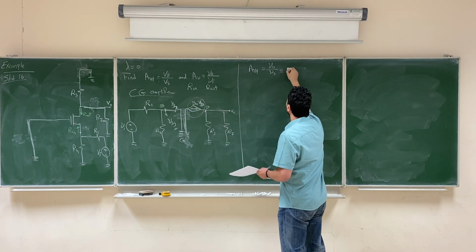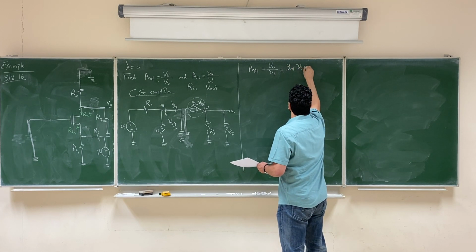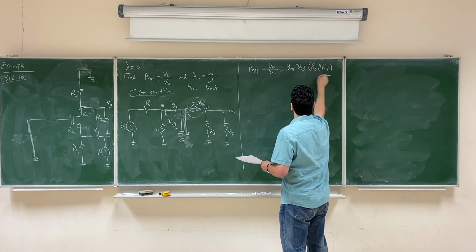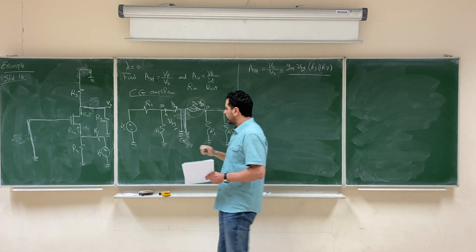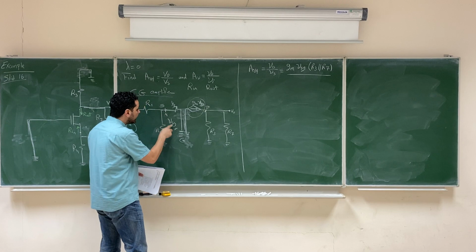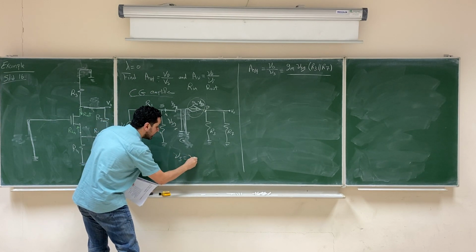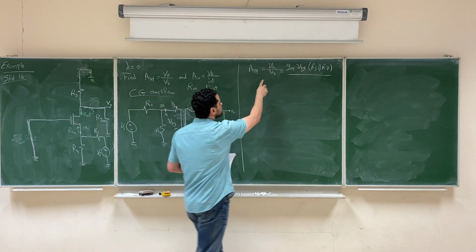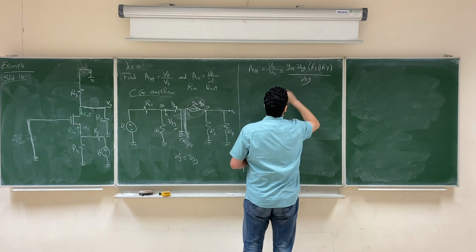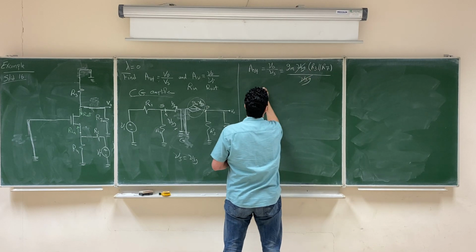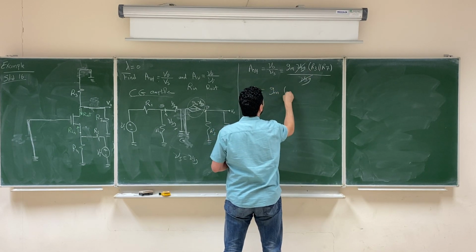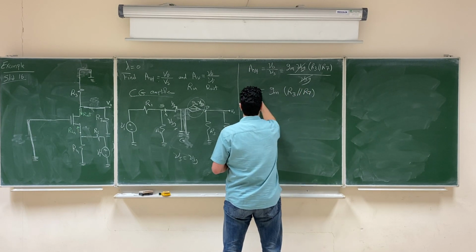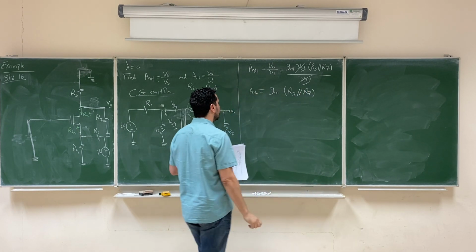So Vout will be gm VSG multiplied by R3 parallel with R7, right? Over Vs. What is Vs? Vs is the same as VSG, right? Because the gate is connected to the ground. So Vs is the same as VSG. So VSG will cancel with VSG and you get the terminal gain, gm multiplied by R3 parallel with R7. This is the terminal gain.